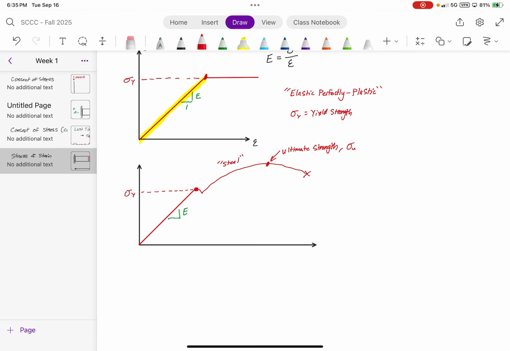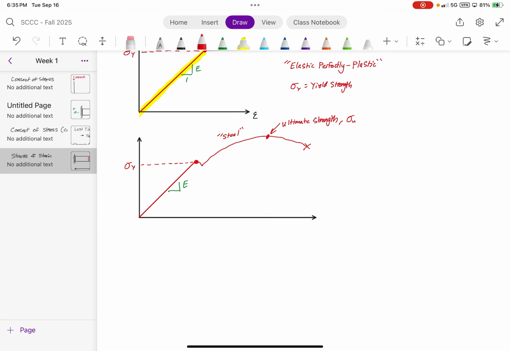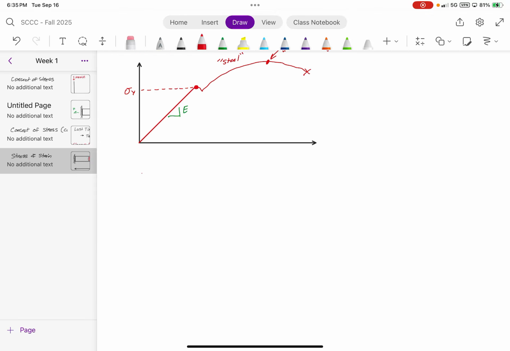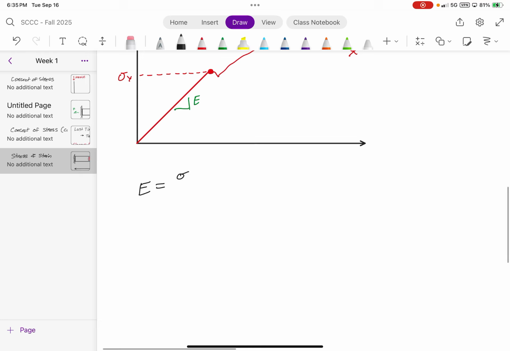So, now with all of this in mind, I'm about to throw at you guys a ton of different equations. So, we know now that the elastic modulus, E, is equal to stress over strain. Stress is equal to what?